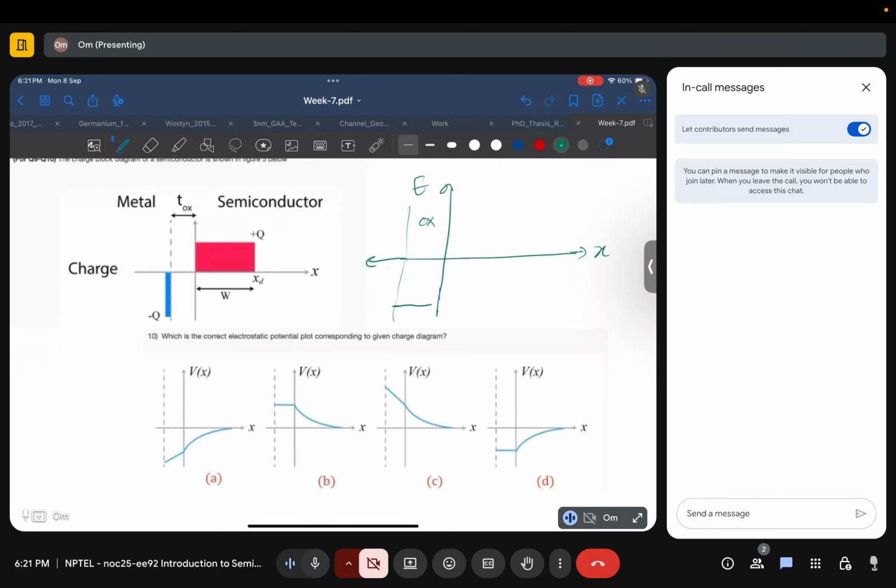This was your electric field, right? So potential is integration of electric field, right? So it will be option A. Integration of constant will be linear. Integration of linear will be quadratic. So option A is correct.